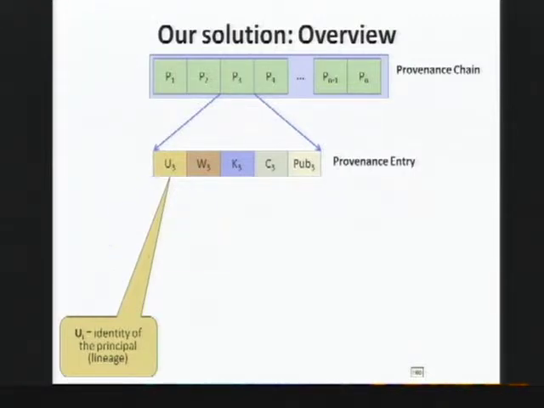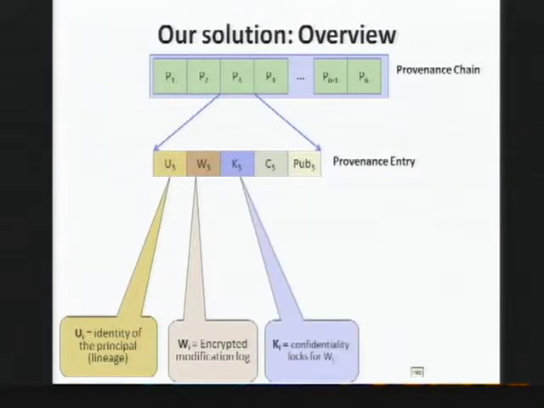Then we have the work log, a field where we store whatever action was taken by this user to modify the document. And then we have some other entries, for example, the confidentiality log. I'll explain each of these fields in the next few slides.